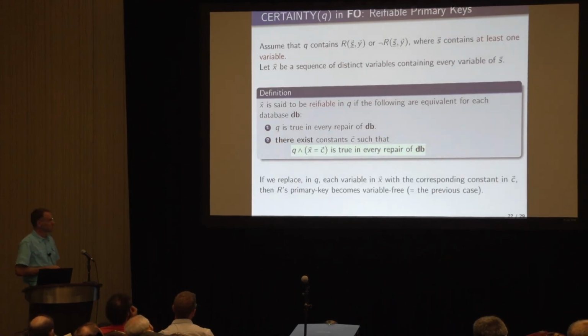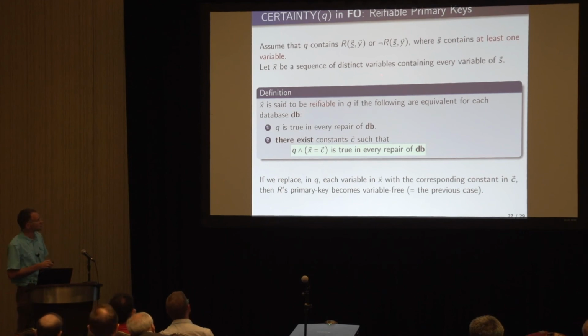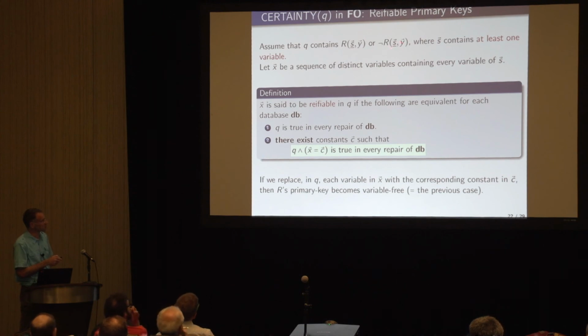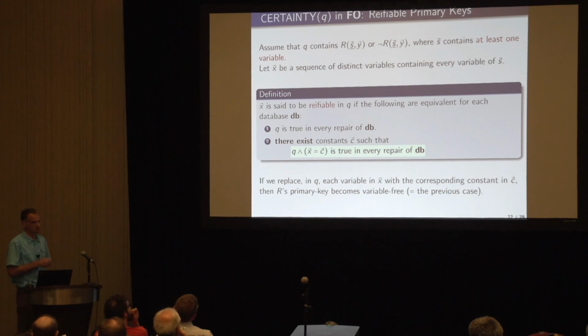Now the most interesting case is, of course, when every primary key contains at least one variable. So assume you have an atom like this, where S contains at least one variable, and assume that X is the sequence of the variables that are in the primary key.